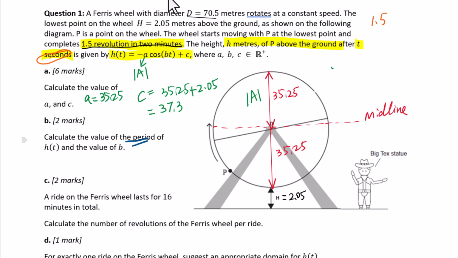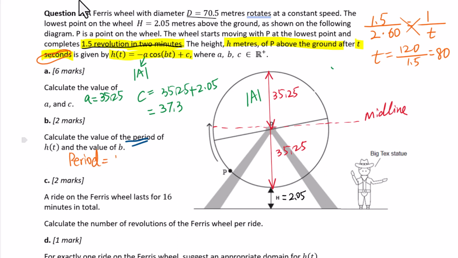So 2 minutes times 60 to get seconds. How much time for one revolution? T equals 120 over 1.5 equals 80. So period equals 80 seconds. B equals 360 over 80 equals 4.5.